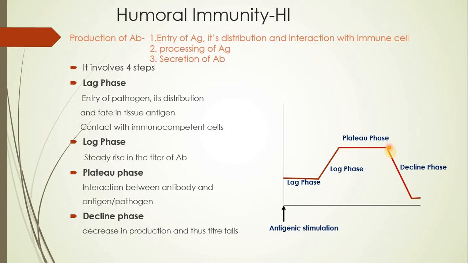Hence, the amount of antibody synthesized in this fourth phase will drop down, and this is called the decline phase. This can once again come to the level 0. Okay. So this is how the antibodies are synthesized and maintained in the circulation, right?